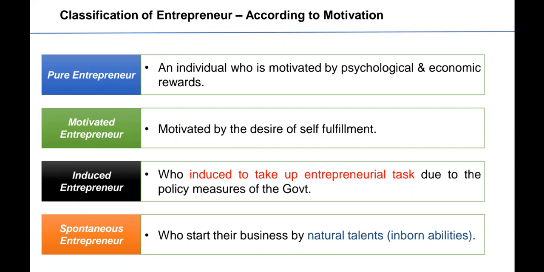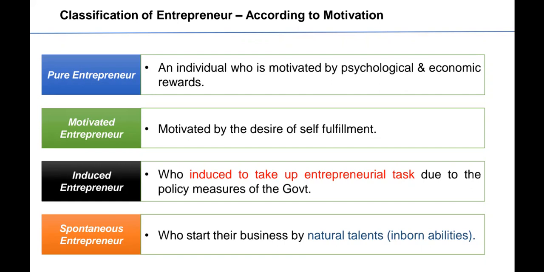Then the induced entrepreneur, who is induced to take up an entrepreneurial task by the policy measures of the government. These are induced by looking at someone. You have some idol, some goal, or some role model.